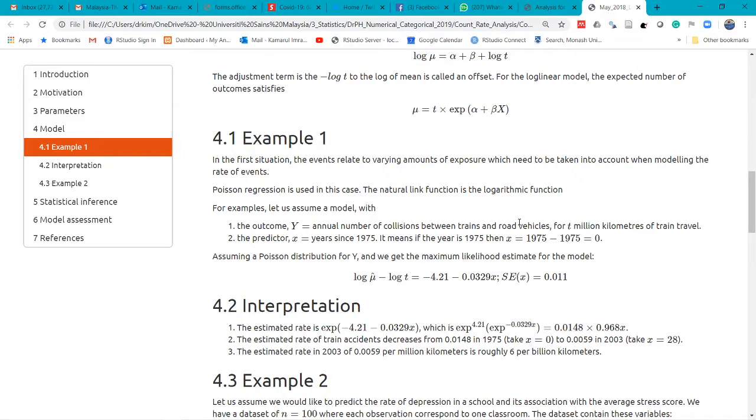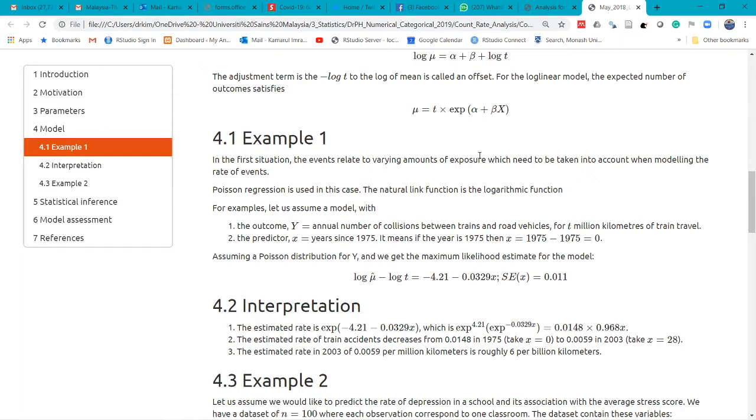So the outcome y is basically a rate, and the predictor is years since 1975, so x takes the value 0 for the year 1975. When you subtract 1975 from 1975, you get 0.